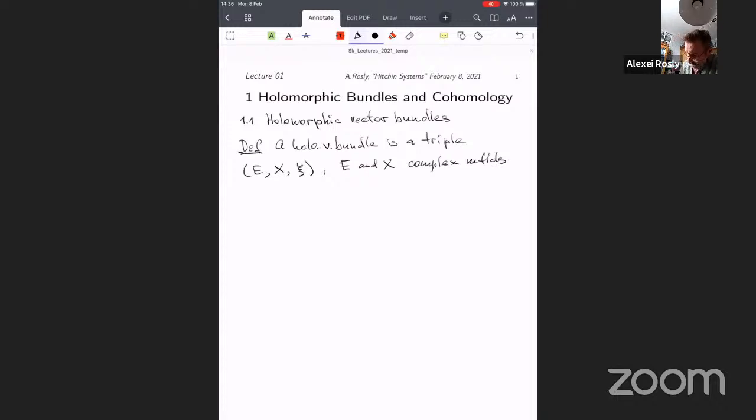The first one is the total space of the bundle, and the second one is the base. And Xi is a holomorphic, surjective map.